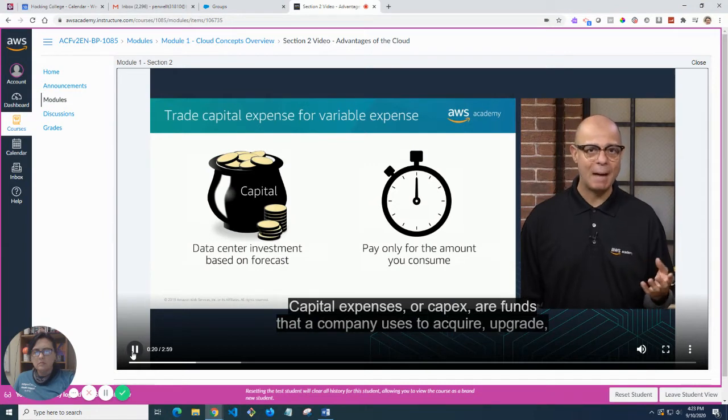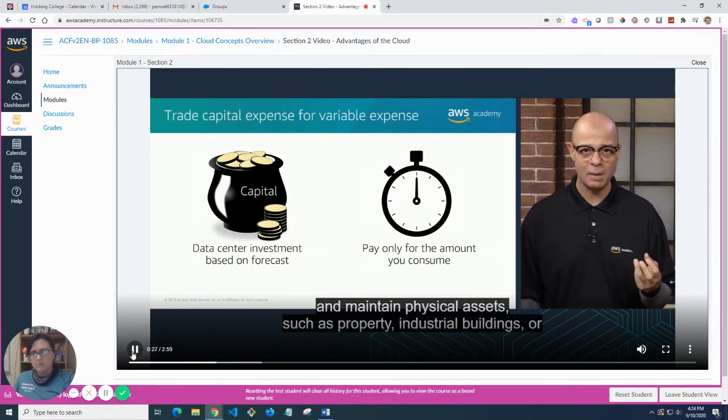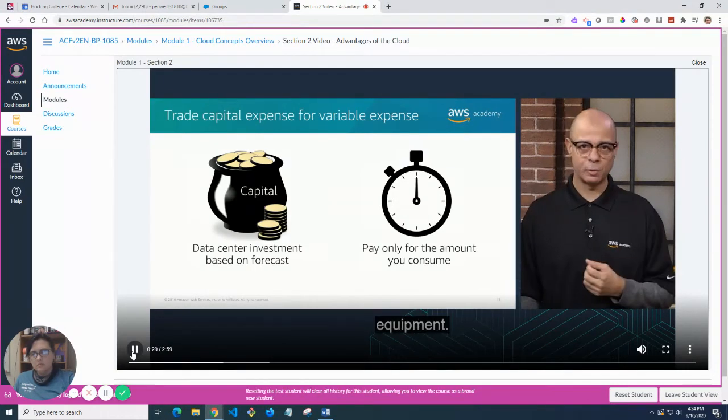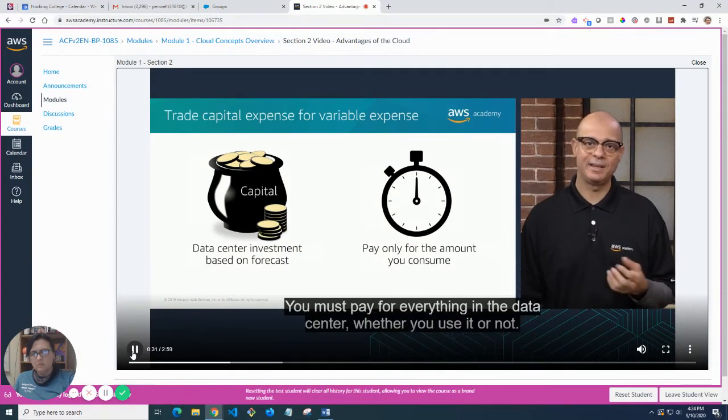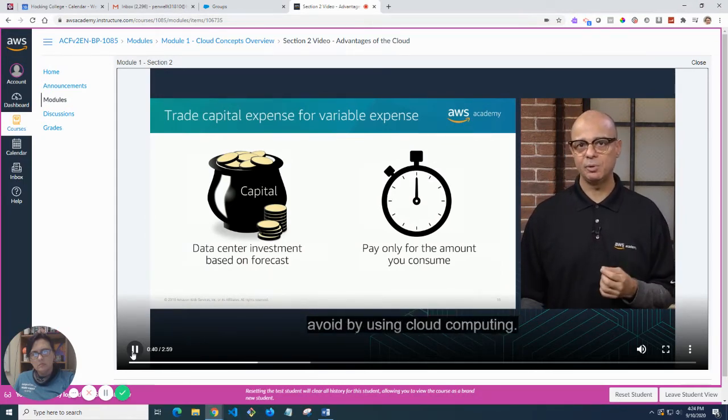Capital expenses, or CapEx, are funds that a company uses to acquire, upgrade, and maintain physical assets, such as property, industrial buildings, or equipment. You must pay for everything in the data center, whether you use it or not. By contrast, a variable cost is a cost that you can easily alter or avoid by using cloud computing.